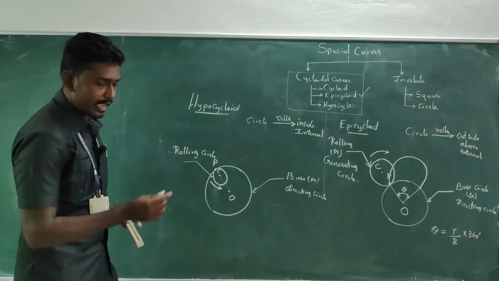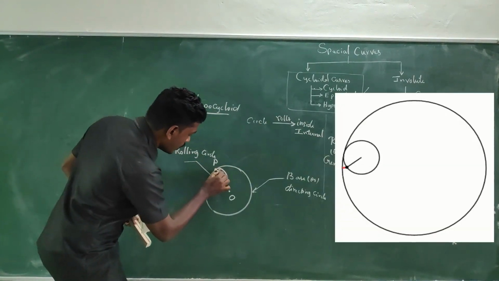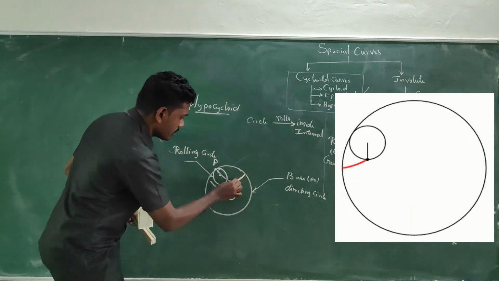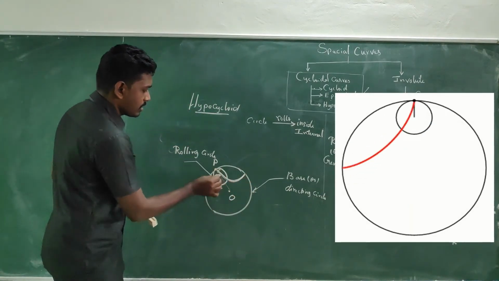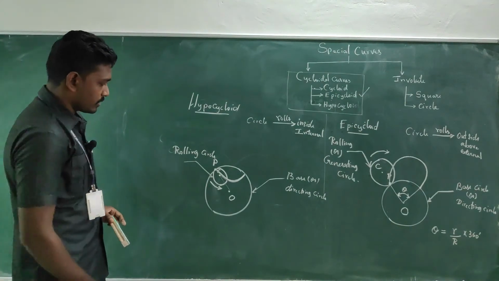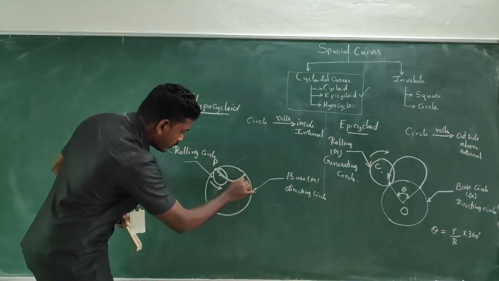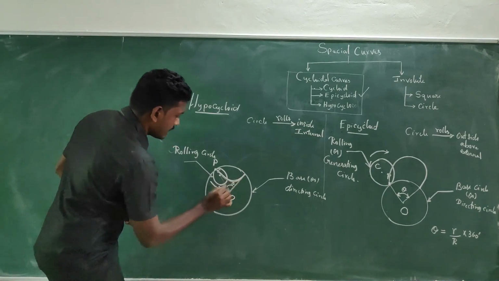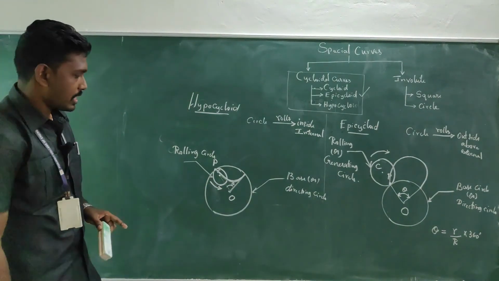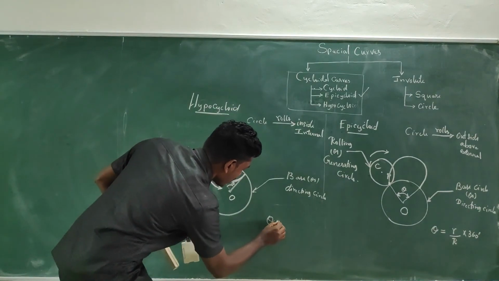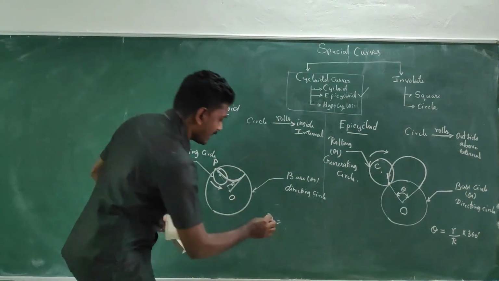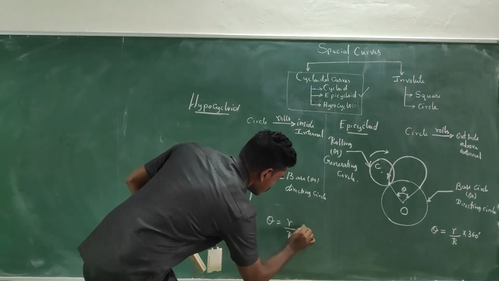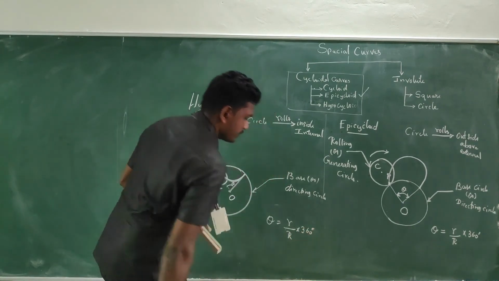What would be this shape? You can realize the path like this when it rolls. So for one complete revolution, we will get the angle theta, and this theta can be calculated as small r divided by capital R into 360 degrees.